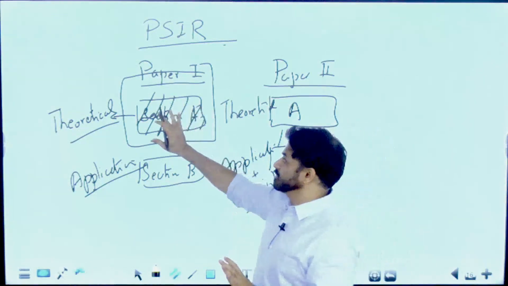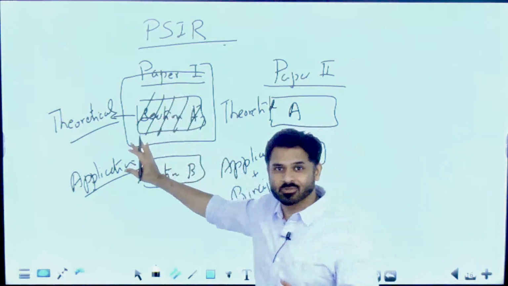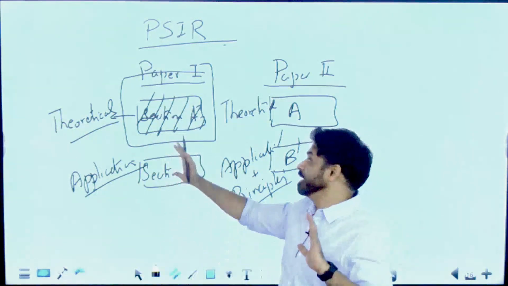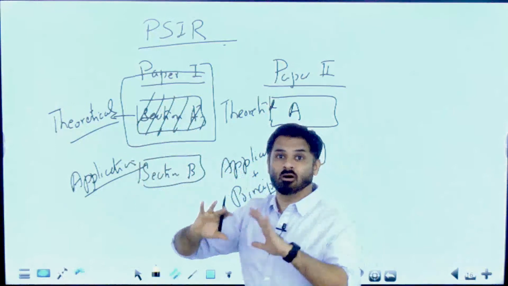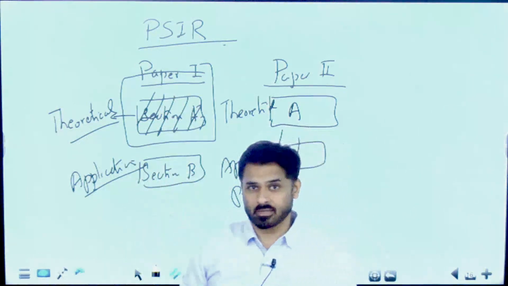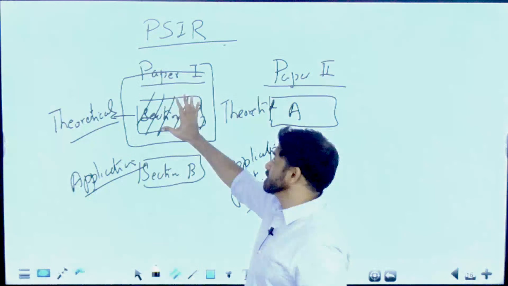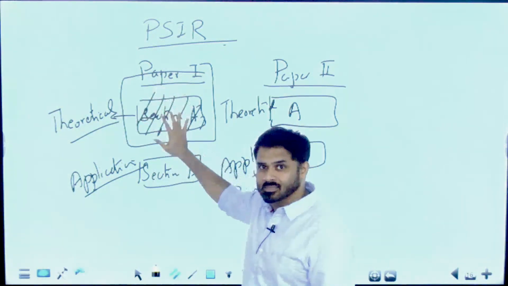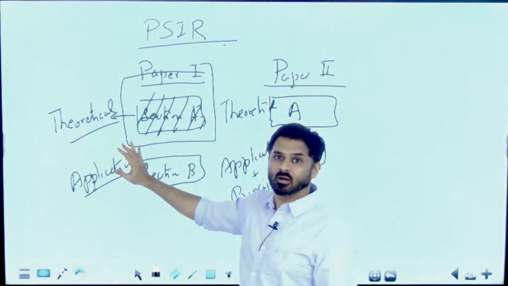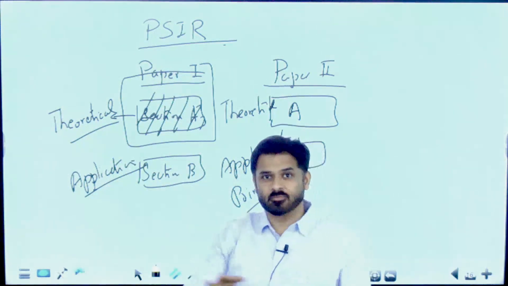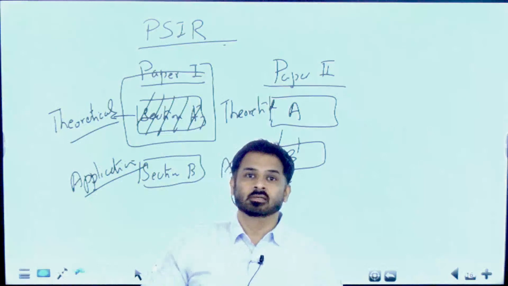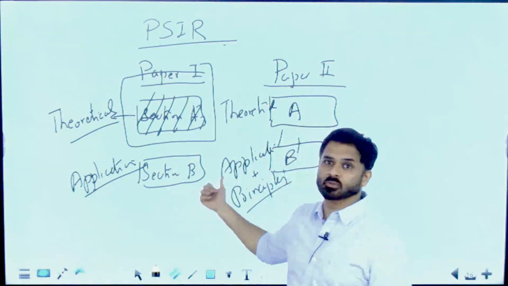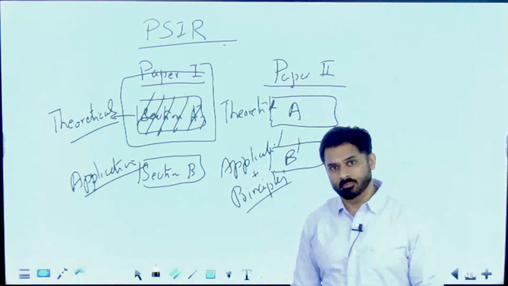Though it looks like 25% of the syllabus, in terms of importance it may be around 40 to 50% of the overall understanding of PSIR. We will have more sessions on these areas, because once the conceptual framework has been developed and you have a strong foundation, it becomes far easier to deal with all other areas of PSIR.